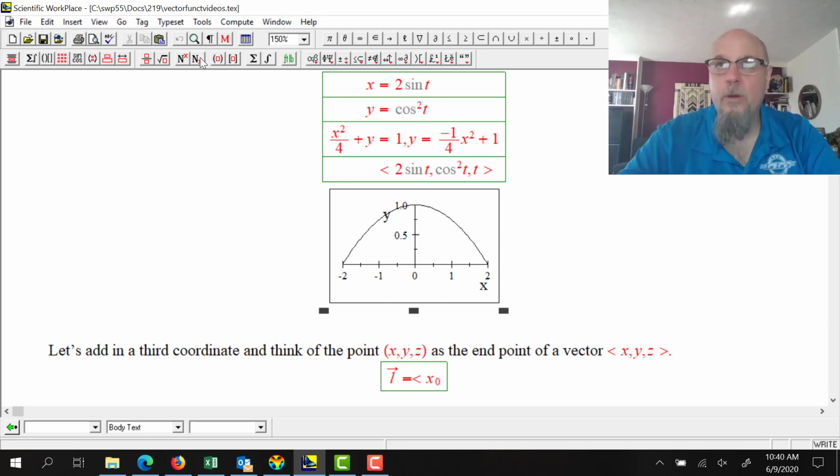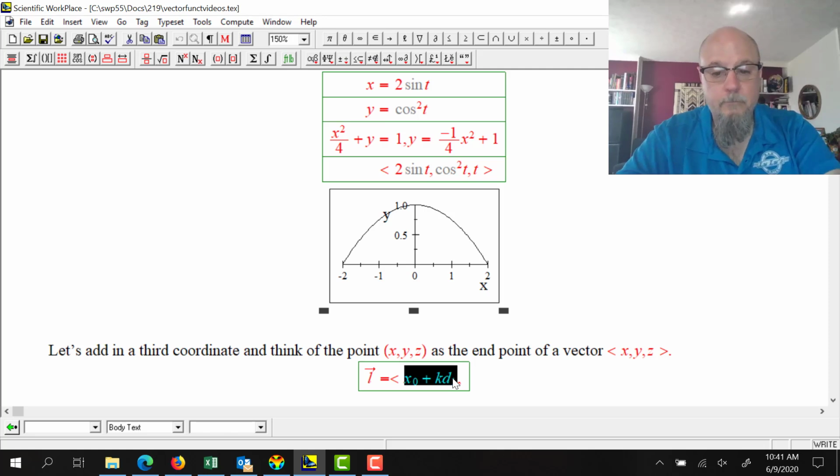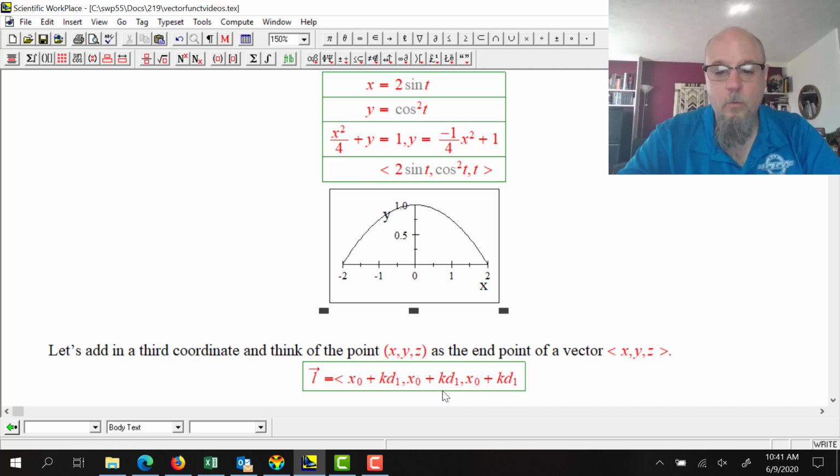So it goes through the point x naught, y naught, z naught. K is the parameter. So there's the x coordinate. There's the y coordinate, there's the z coordinate. Oh, I have to change this to be y and this to be d2, this to be z, and this to be d3.